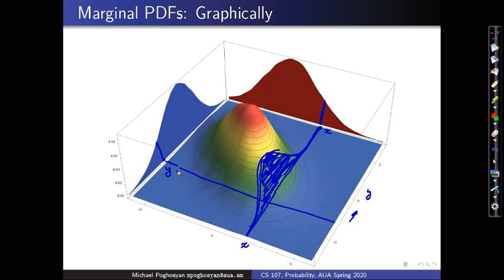So I'm fixing the value of y. Then I'm obtaining some intersection with this surface. The intersection will be something like this, and I'm calculating the area under that intersection line. And this area will be here. The value of this function, the marginal PDF, will be this area. Hope this was clear. Okay.